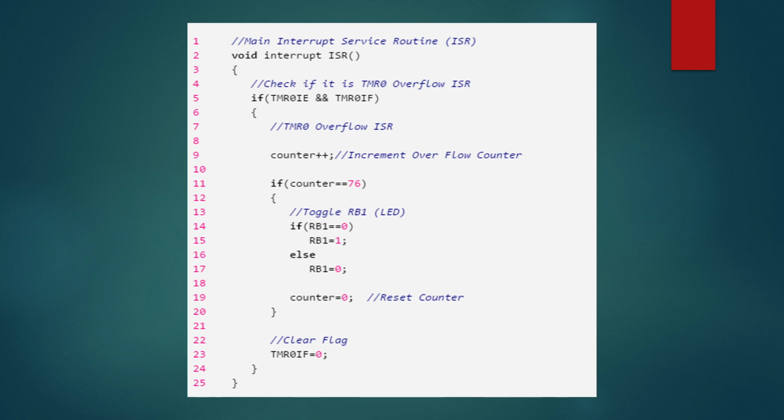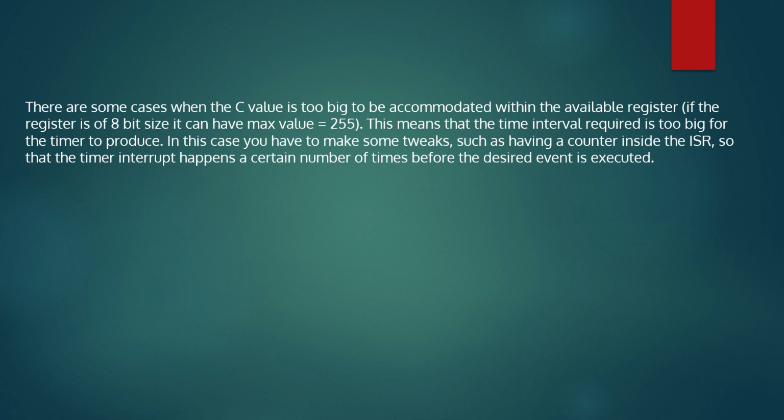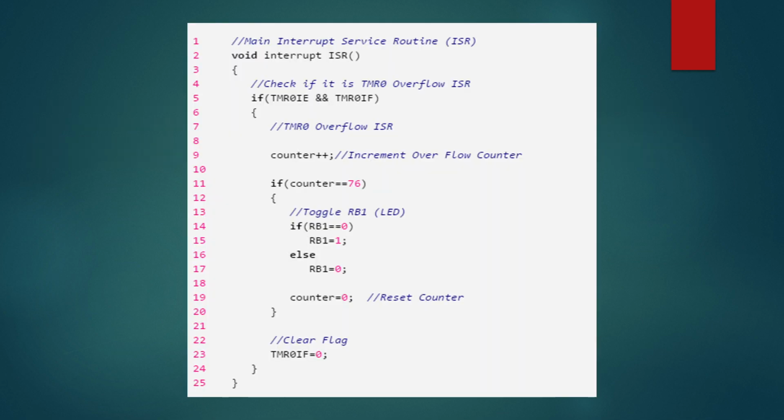The interrupt is happening, but only when the interrupt happens 76 times does the toggling happen. So if the C value is too high, you can also accommodate it using this type of method.